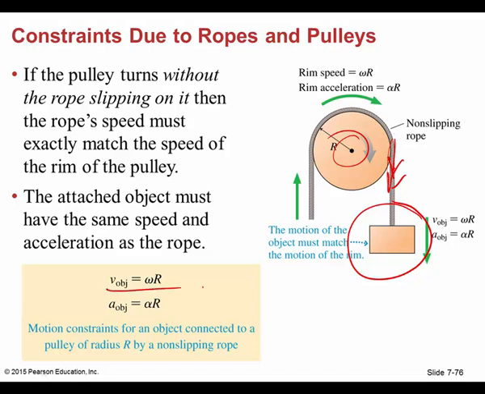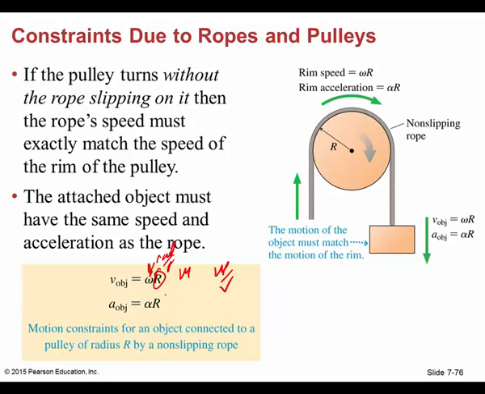So the velocity of the object is simply, as we've already been over, the angular velocity times r. The angular velocity is in radians per second and r is in meters, so it'll be meters per second.